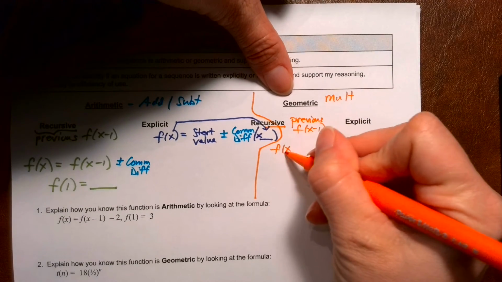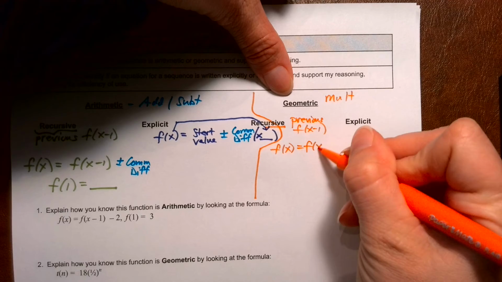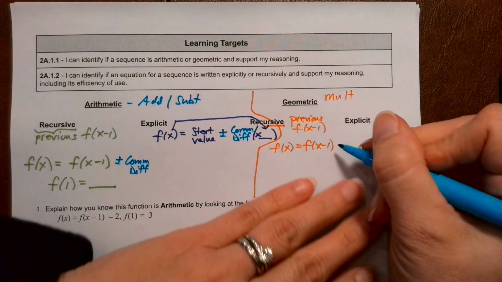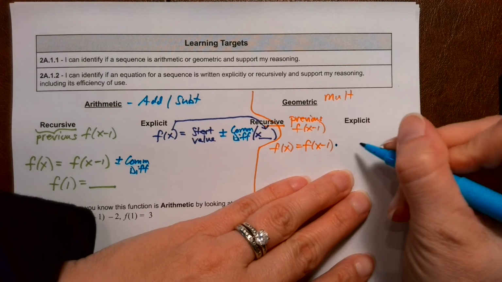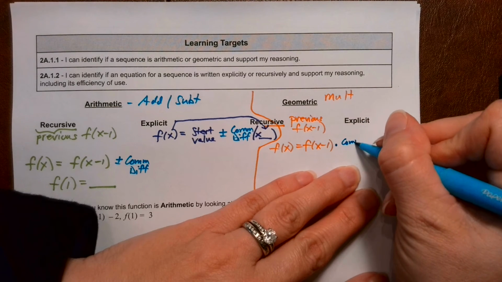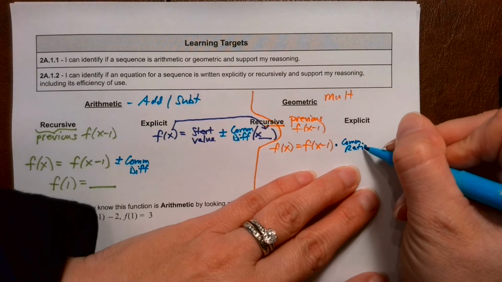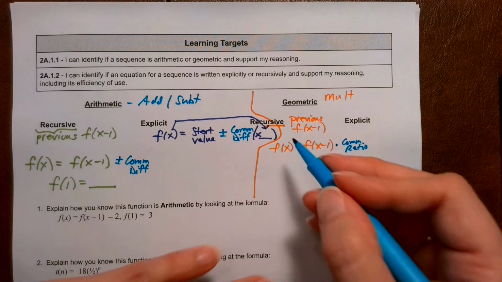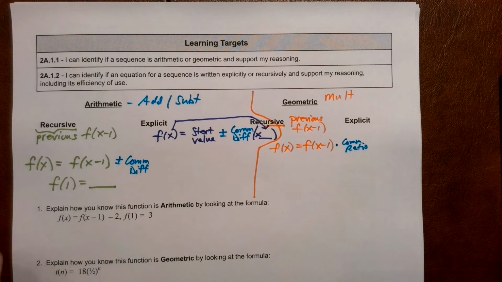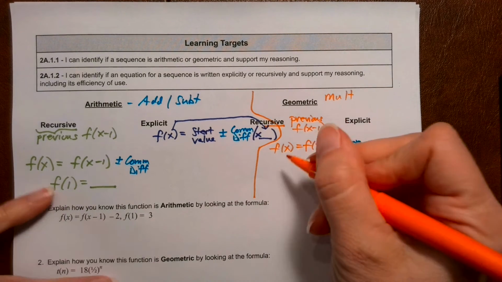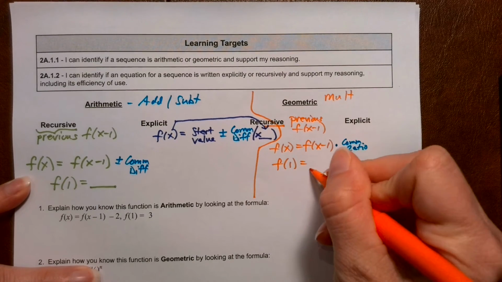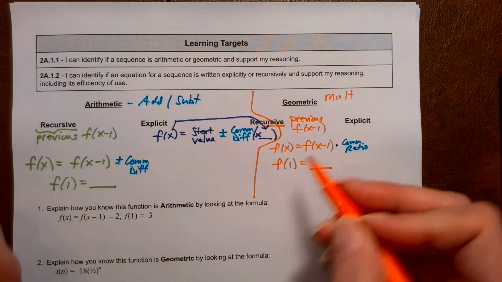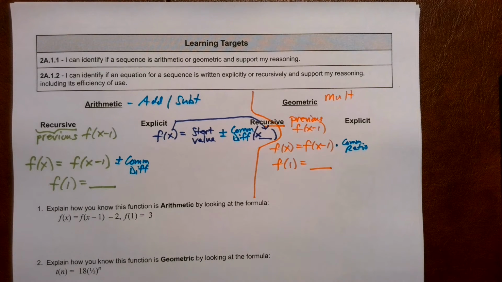It's going to be f of x equals take the previous, but then you're going to multiply by the common ratio. And that could be multiplied by 1/3 if it's divide by 3. And remember, with recursive, they're always going to have to get you started. So you're going to see f of 1 equals starting value. So if you see multiply and you see that recursive, that previous term, then you know it's geometric recursive.